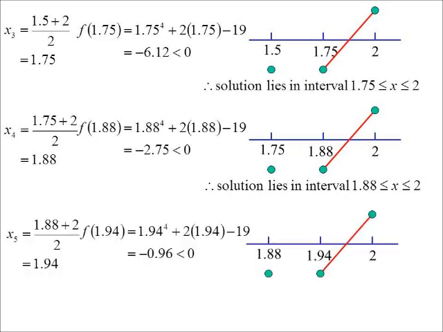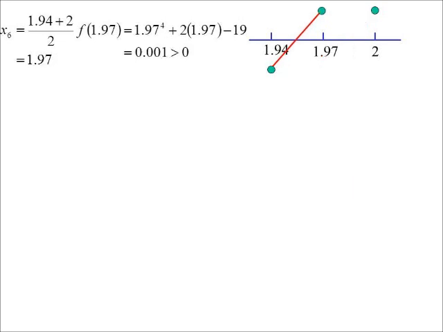So again, average them, round to 2 decimal places. 1.94. Oh, it's getting closer. But now I know the solution is somewhere in between 1.94 and 2. So we'll try 1.97. Oh, that's very close, isn't it?